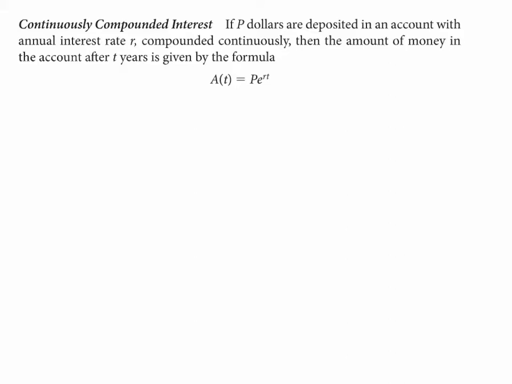A good example of it is inflation rates. You can't say the inflation rate here was this much, then this much, because inflation rates work on so many different topics. And so we don't think of inflation rate as jumping monthly. We think of inflation rate as happening every millisecond of every single day.